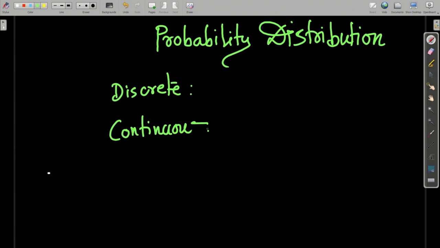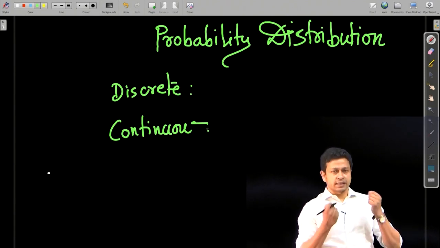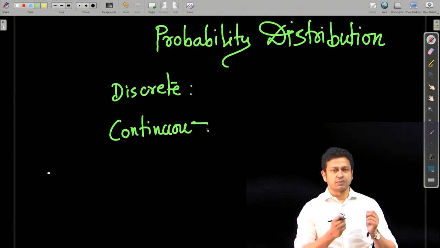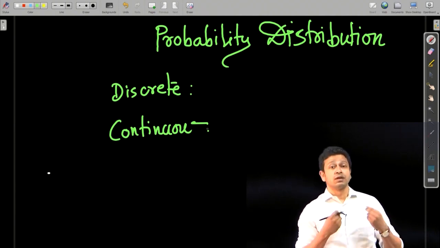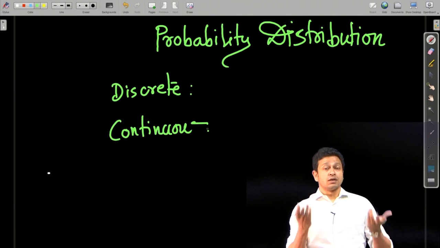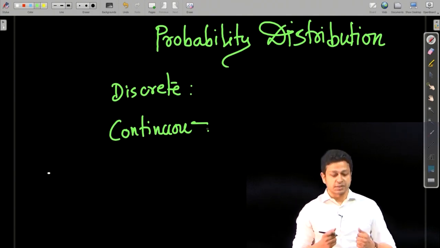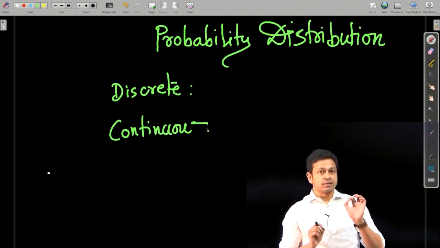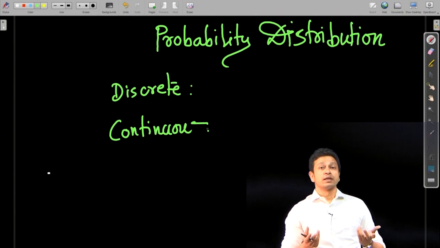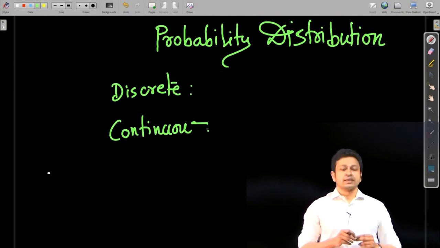By discrete it means that you can actually get an exact value of a particular event. What I mean by that, for example, if I talk about throwing two dice or tossing two coins, we always get those outcomes, and we always get a specific probability for that particular event. Say I want to get a probability for 2 heads, so I will get a probability for that.